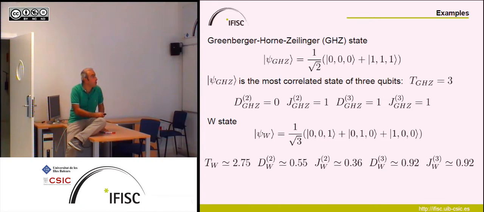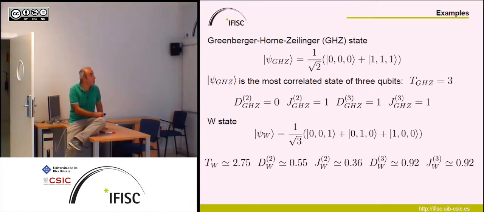The total correlations are equal to 3. 3 is the maximum because we have SA plus SB plus SC minus S. In this case, we are saturating the maximum for every component. SA is equal to 1, SB is equal to 1, SC is equal to 1, and the total S is 0. Then this state saturates the maximum possible total information of the system.